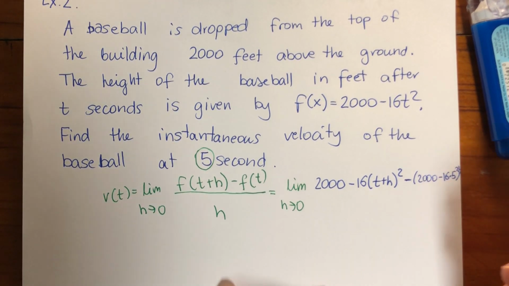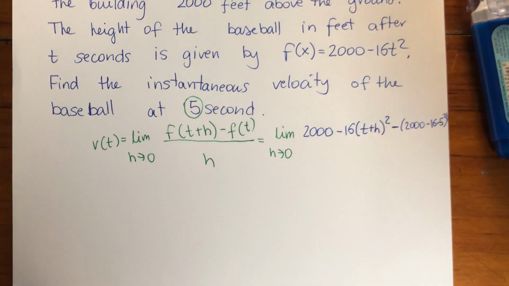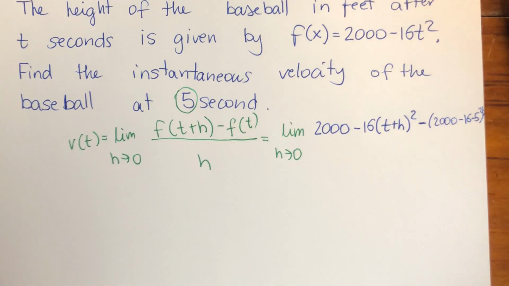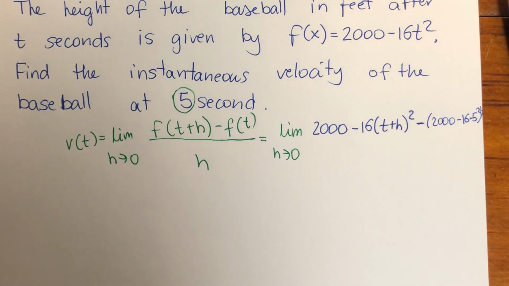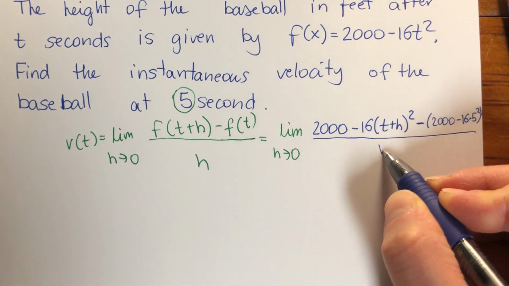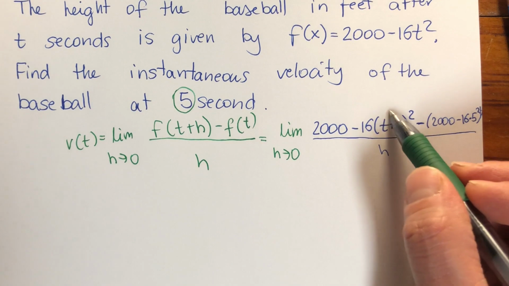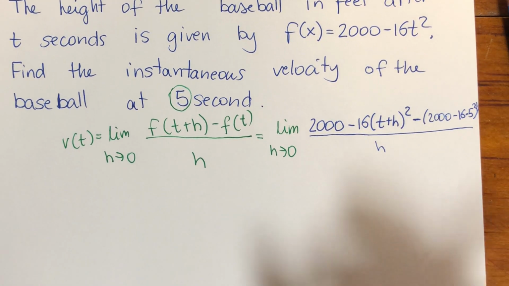Again, maybe I should, maybe I shouldn't, but I do want to encourage you to use the calculator for calculations like this, just so that we won't make mistakes. And we are going to divide it by h, and we are going to hope for the best. So we need to make sure we do this first.